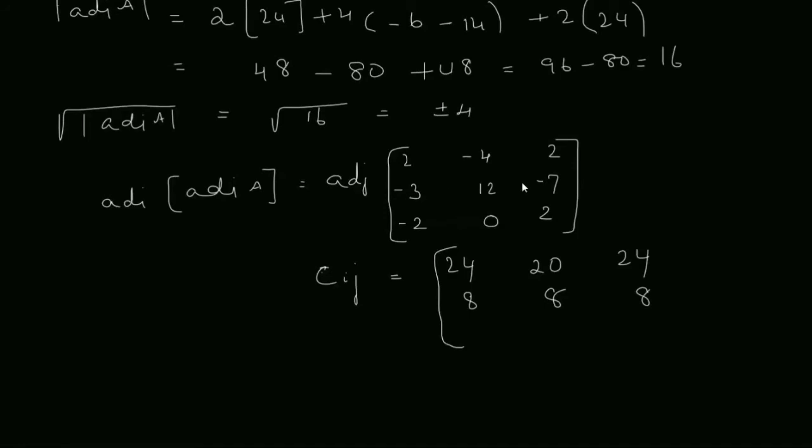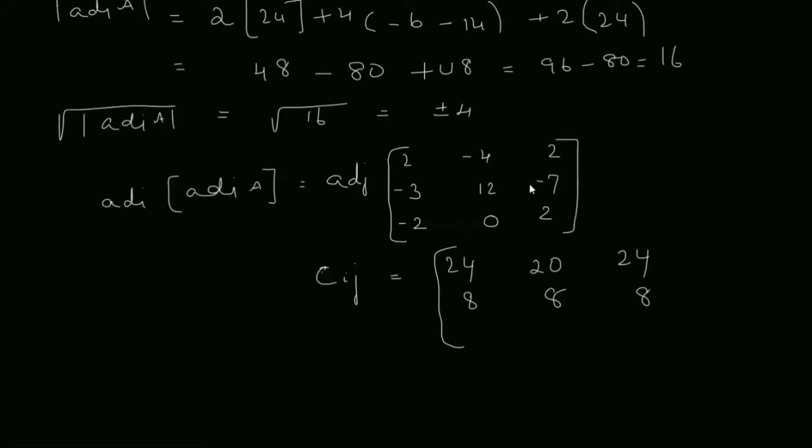Cofactor of this element: cut this row, cut this column, minus 8, but this position has a minus, so it becomes plus. Cofactor of 12 is 2 into 2, 4, minus of minus becomes plus 4, that is 8. Then minus 7 is 0 plus 8, minus of that plus 8 becomes minus 8.